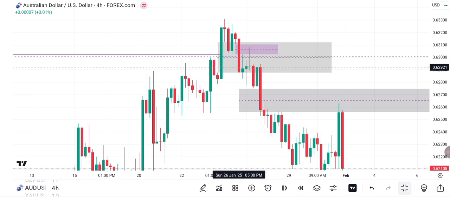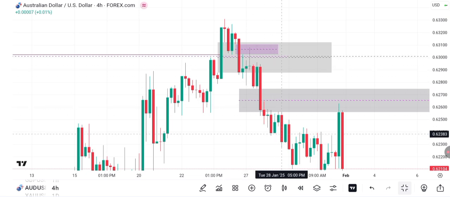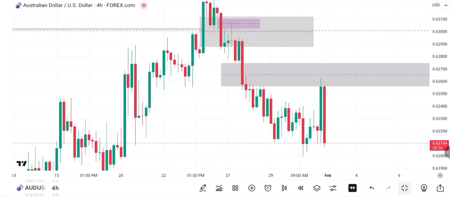When this invalidation happened on the Sunday, 25th of January, and then the retracement occurred on Monday this week, price traded into it, and then continued to what? Blow lower. And we can see to the extent it has gone.